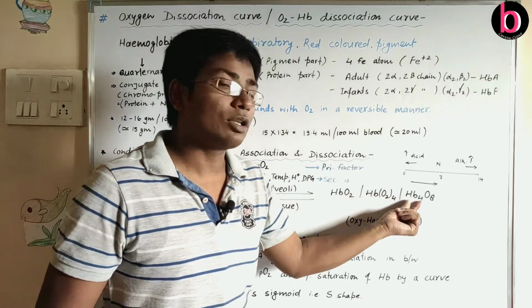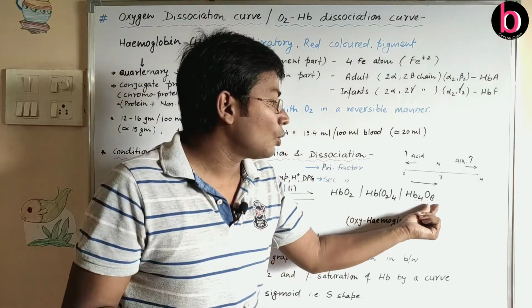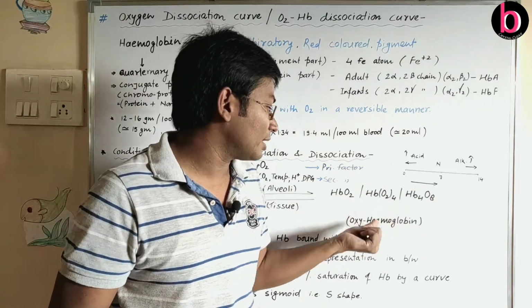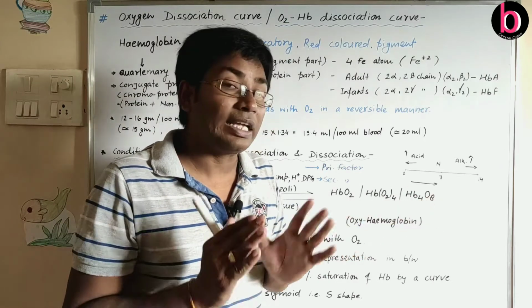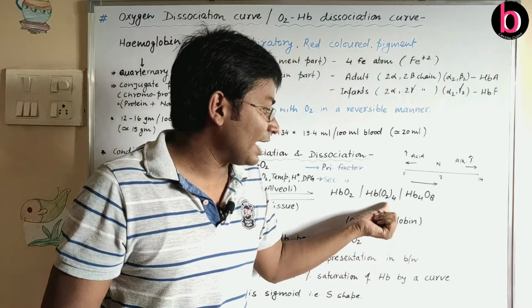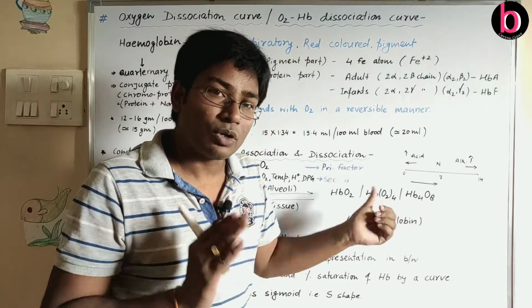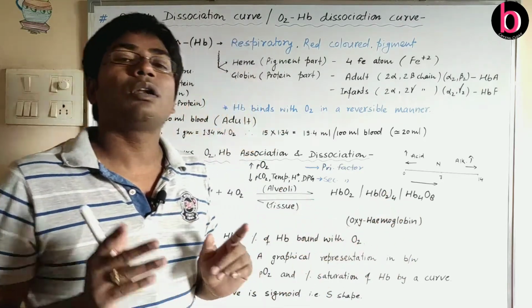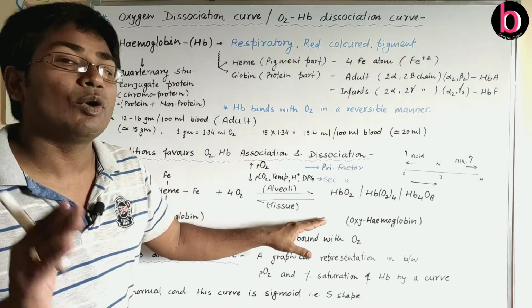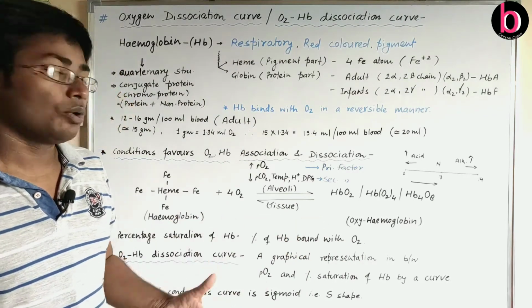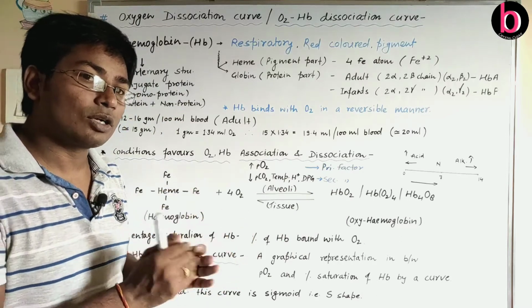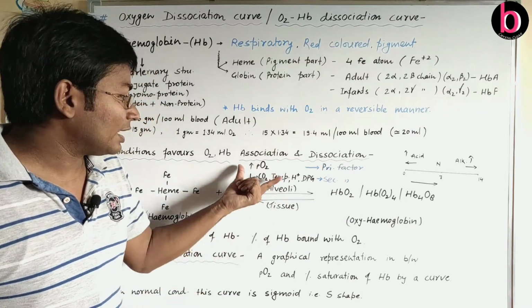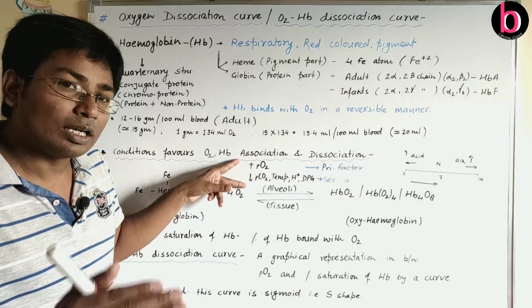That's why we can also write Hb4O8. O8 here is about atomic oxygen. So total 8 atoms of oxygen, and here 4 molecules of oxygen. So this is all oxyhemoglobin.